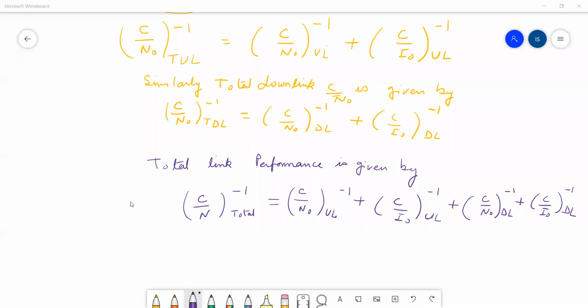So total link performance is given by signal to noise ratio.